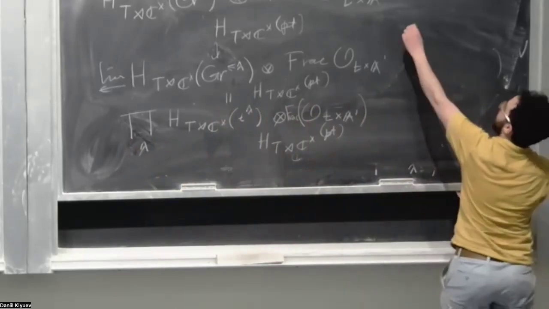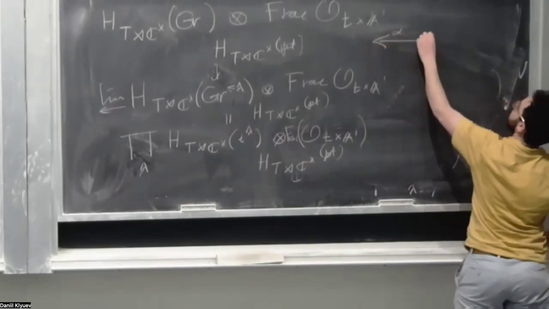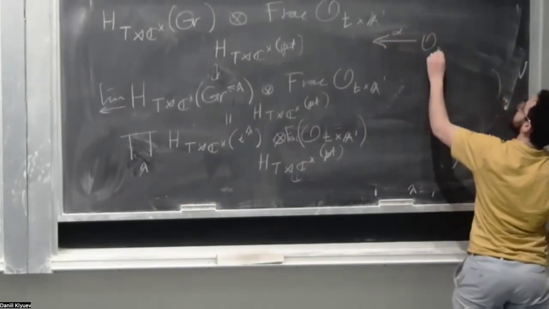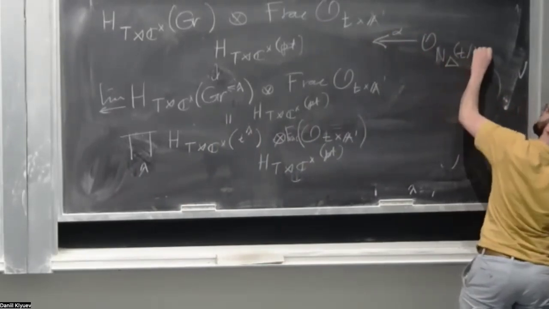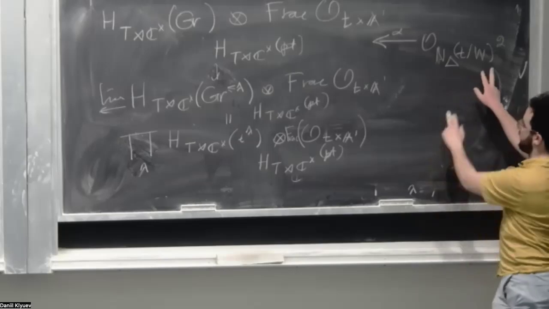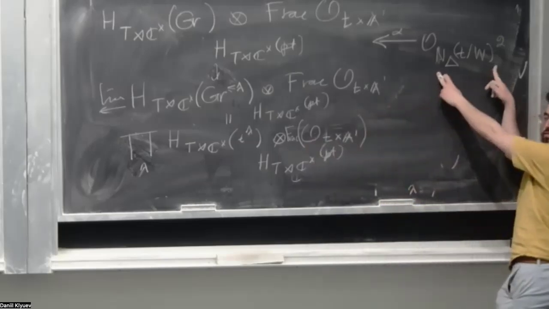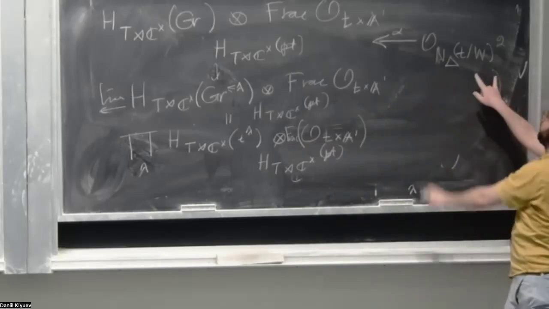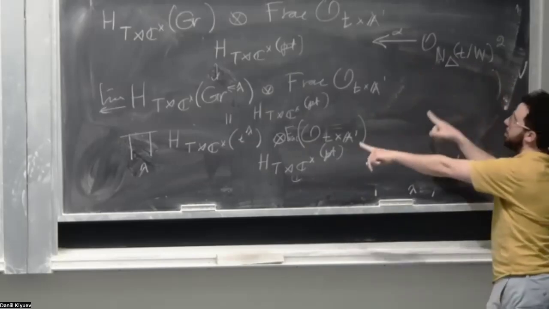So I have a map alpha from O of W square. Each one of them is a subspace of this normal cone, of this deformation to the normal cone. So the point is just to see how the restriction works.